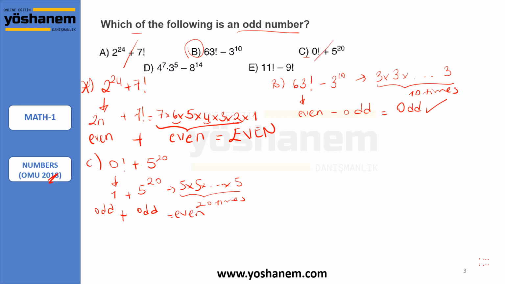So D says 4 power of 7 times 3 power of 5 minus 8 power of 14. This is even times odd minus even. Multiply something with an even. What was it? It was even, right? So even minus even is also even.